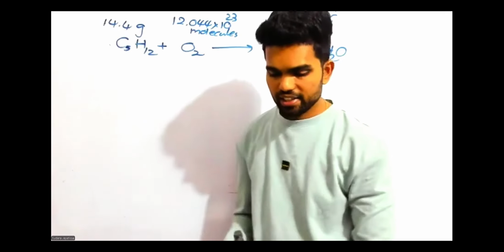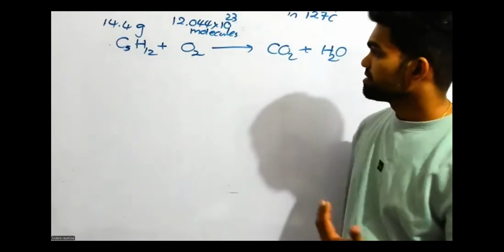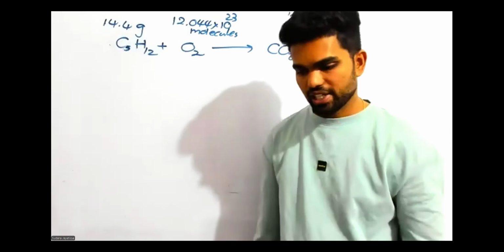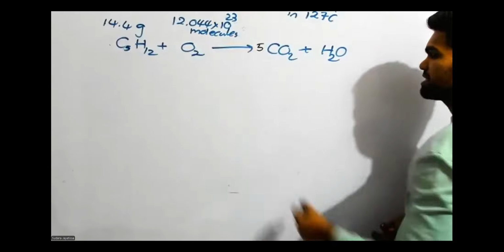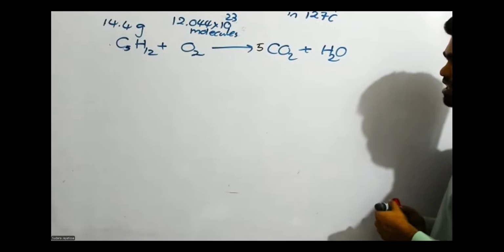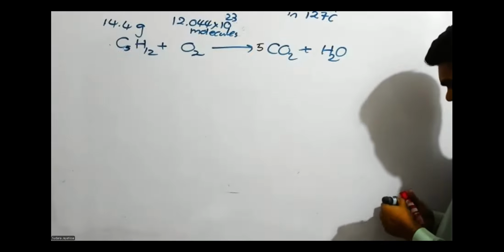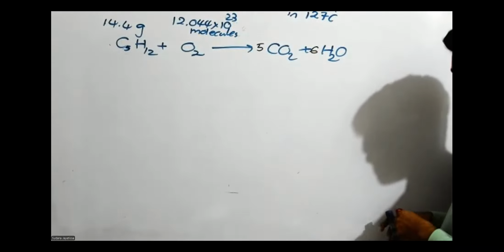Like I said in the question, all the carbon converts to carbon dioxide. There are 5 carbon atoms, so you will get 5 carbon dioxide. There are 12 hydrogen atoms, so you will get 6 water molecules.